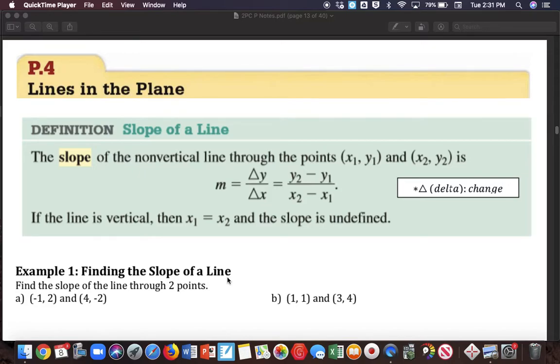And so the first thing that you need to understand is the slope of a line. So when we graph a line on a coordinate plane, we can sort of judge that line by its position on the coordinate plane and then by how fast it rises or falls. And that how fast it rises or falls is a determination of slope.